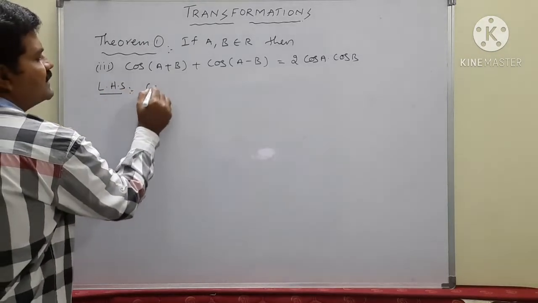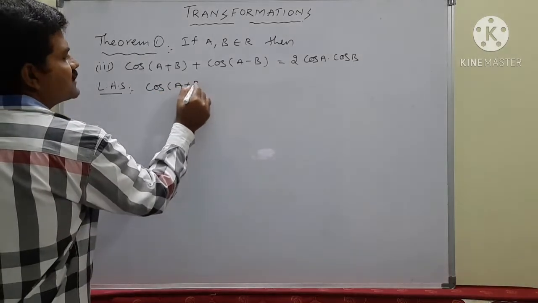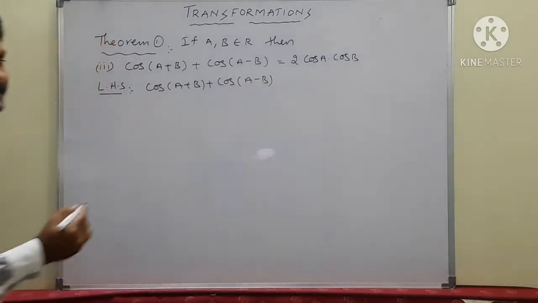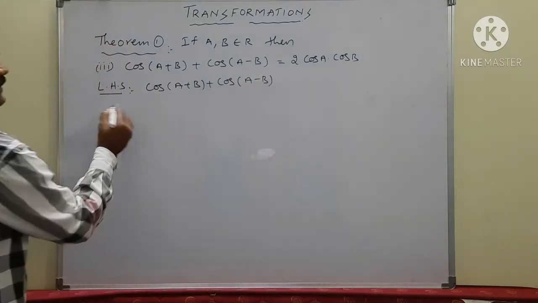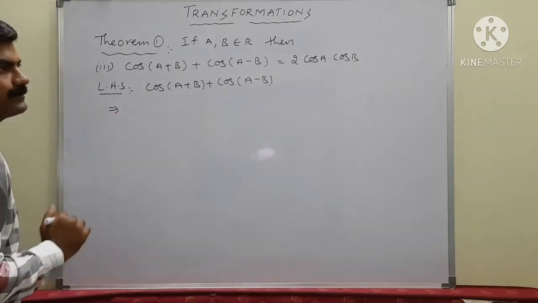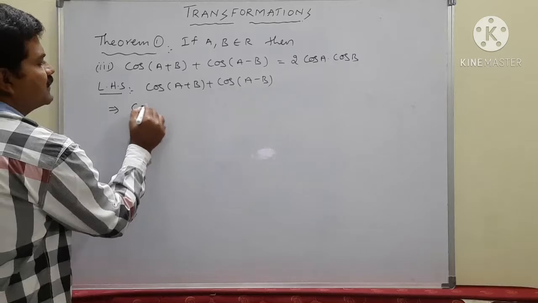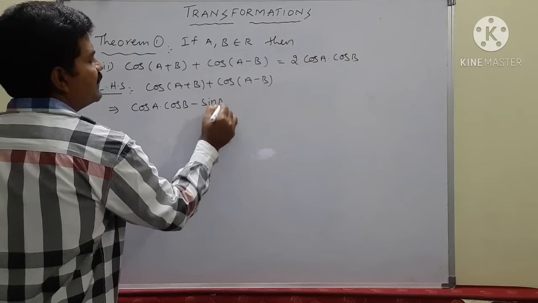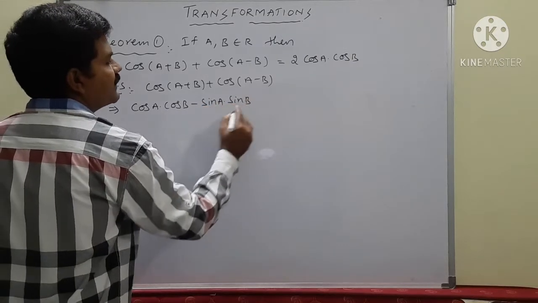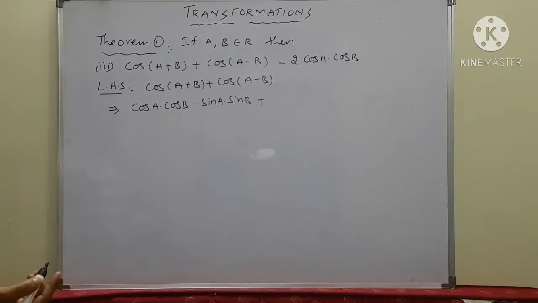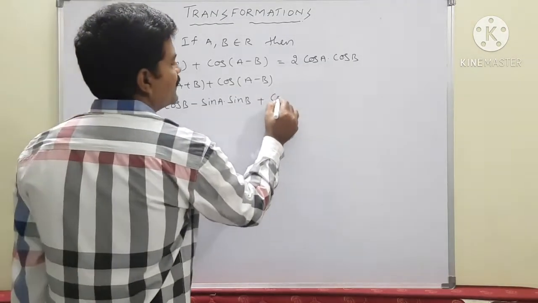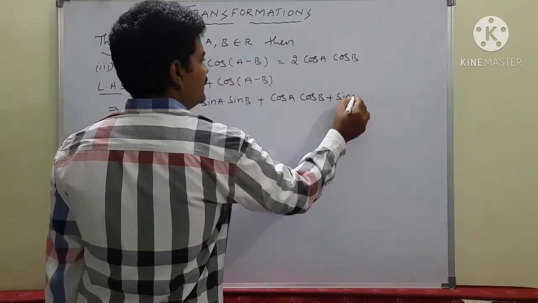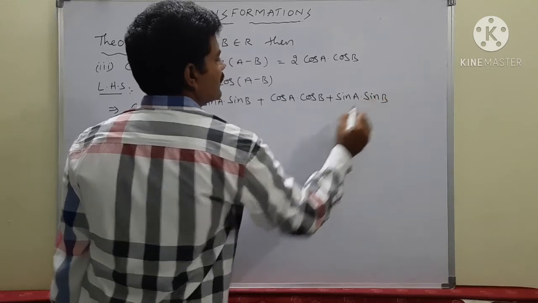Same as the previous one, consider the LHS, cos of a plus b plus cos of a minus b. Okay. So the formula of cos of a plus b: cos a into cos b minus sin a into sin b, plus, now the cos of a minus b formula: cos a into cos b plus sin a into sin b.